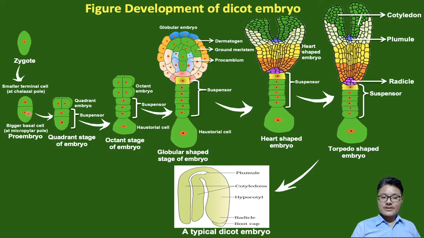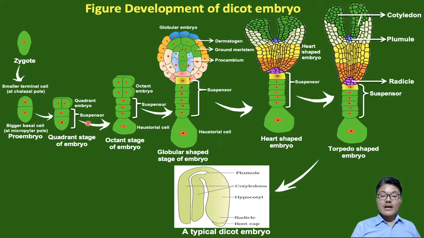First, there is development of the proembryo from the zygote by mitotic or equational division, and formation of two cells. One is the bigger basal cell and the other is the smaller terminal cell. The terminal cell will form the embryo and the bigger basal cell will form the suspensor.